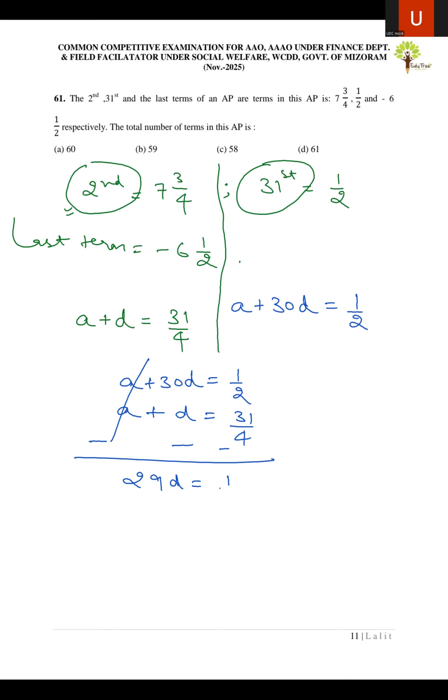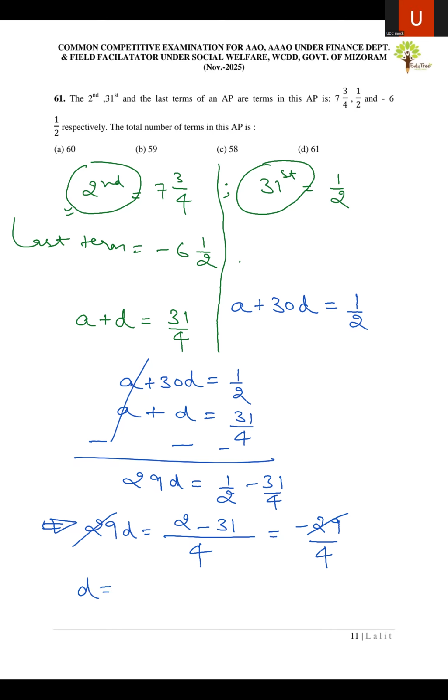1 by 2 minus 31 by 4. We can write this one as 29d equals 2 minus 31 over 4, and this will be equal to minus 29 by 4. All right. Now 29 will be cancelled out, so I can say d will be equal to minus 1 by 4.